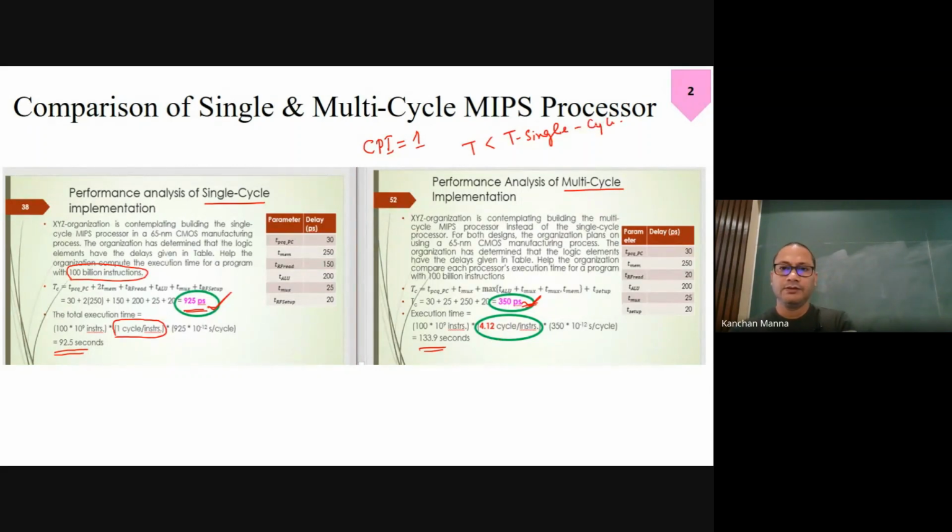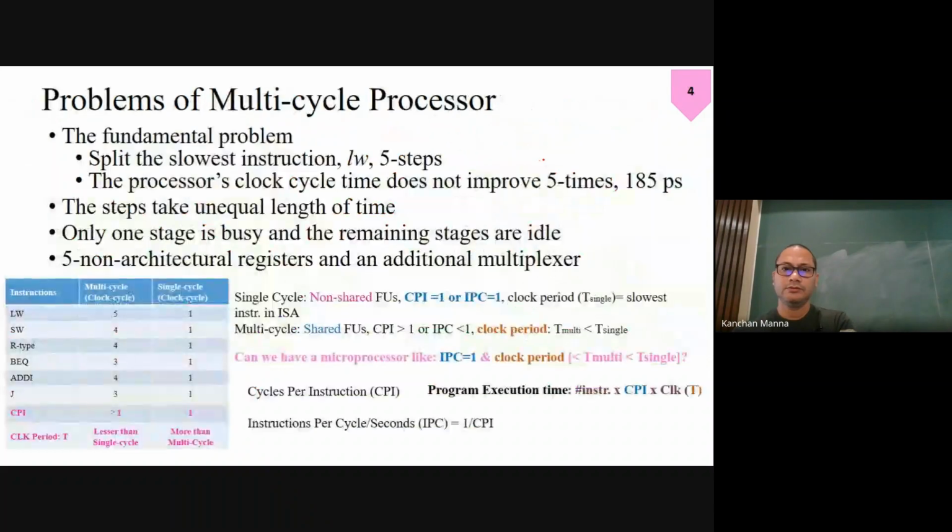Now, what was the problem for the multi-cycle based processor? We split the entire data path into 5 steps, based on LW being the slowest instruction. So if the clock period for single cycle is, let's say, TS, then we are splitting this by 5.